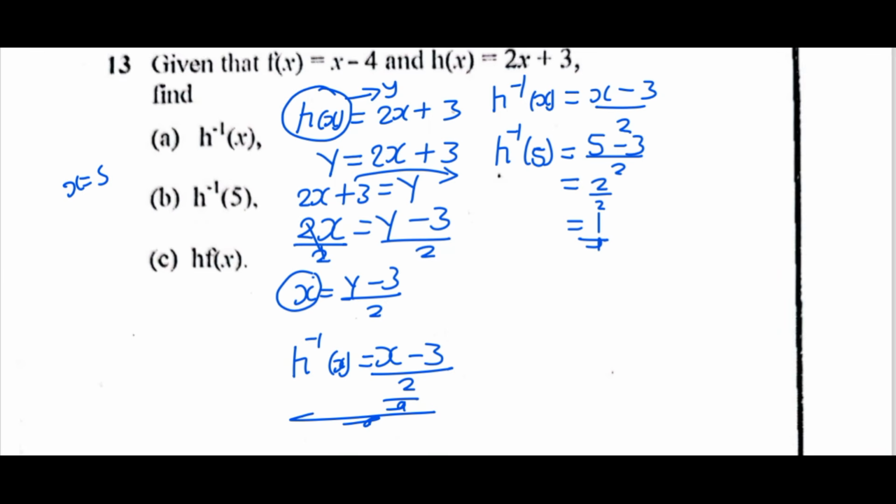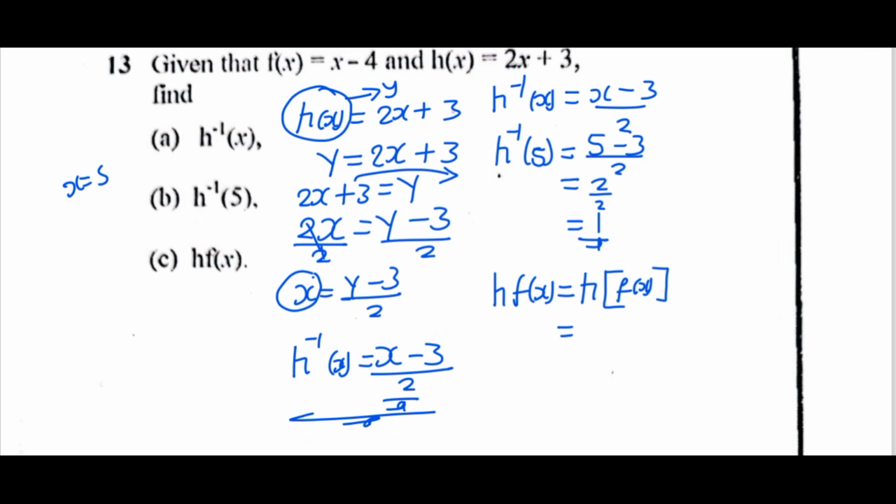Then the C, we want the composite function h f of x. So for the formula, we begin with the outside function, which is our h. So we write h, then open brackets, then f of x will be inside. This means that we are going to combine two functions.